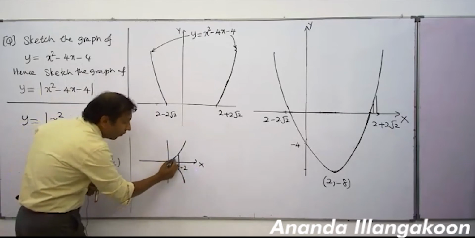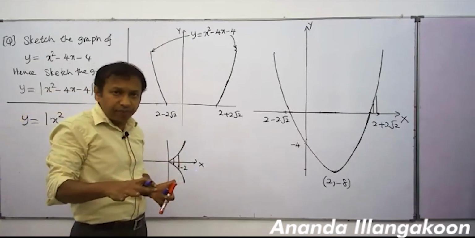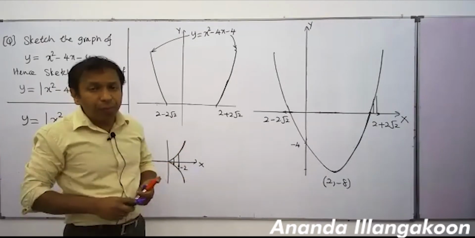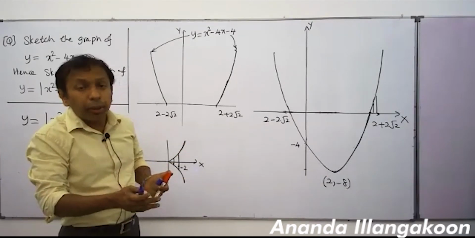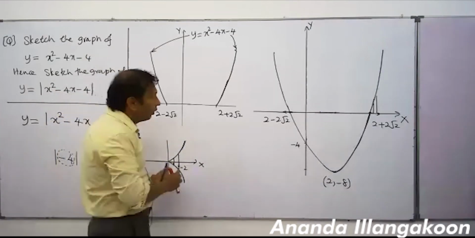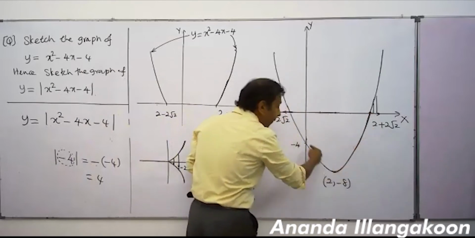That is this. Then multiplying a graph by minus sign means its minus graph can easily be obtained taking the mirror image through the x-axis. So therefore, the minus graph of this portion we have drawn.